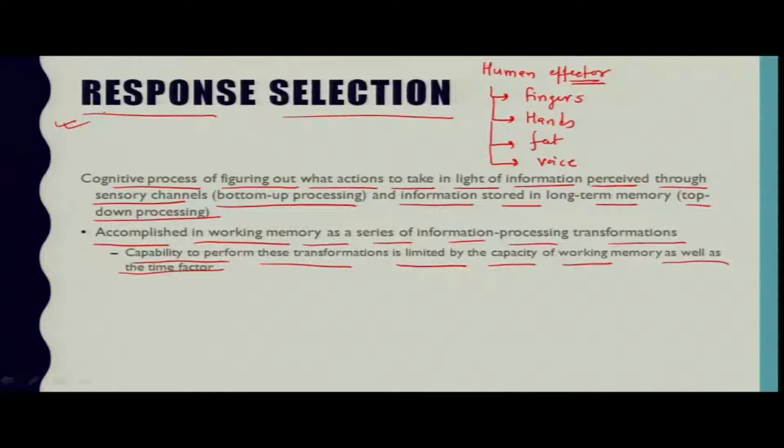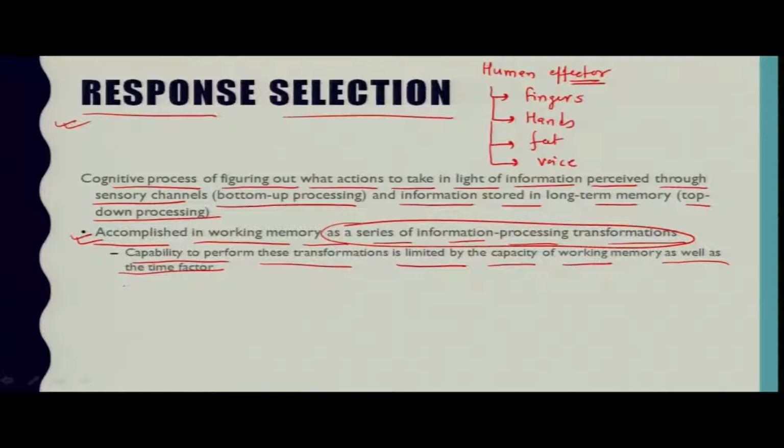Suppose a person is reading a novel, and the only action is to continue reading. In that case, the response selection is accomplished in working memory as a series of information processing transformations.